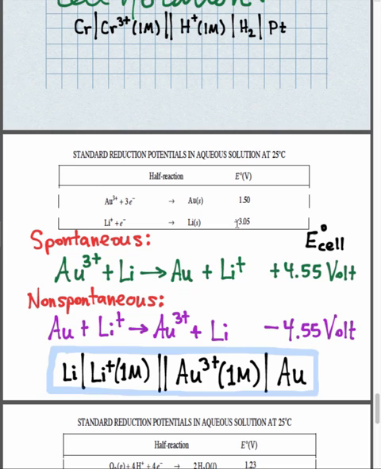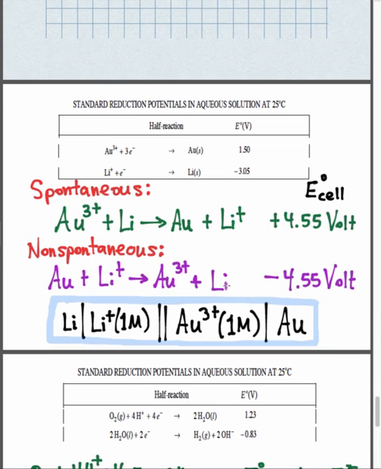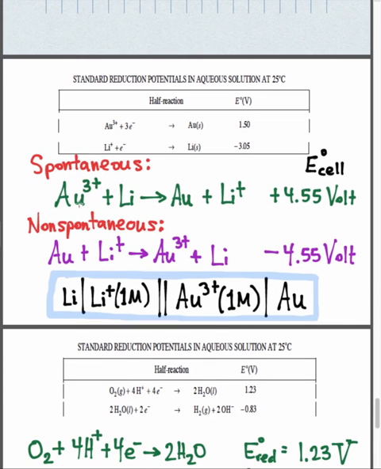But as we know, I'm not going to multiply this times 3. Interesting. The standard cell potentials don't change. But in any case, I'll leave the details to you to write out if you want to write them out. But this would be the spontaneous direction. This would be the non-spontaneous direction.